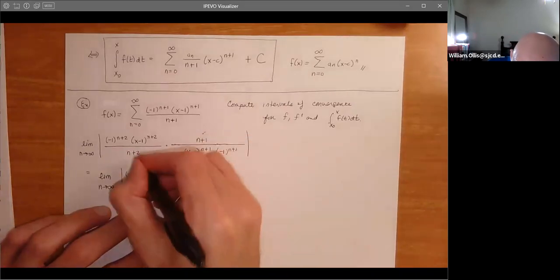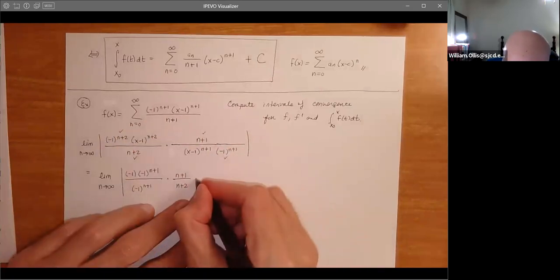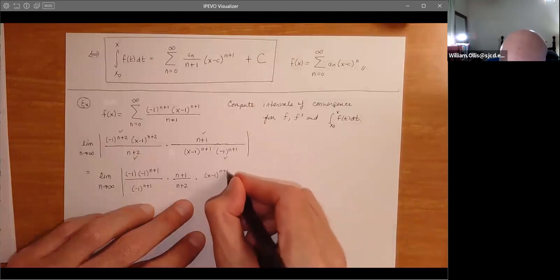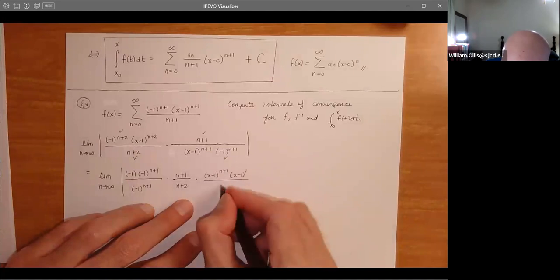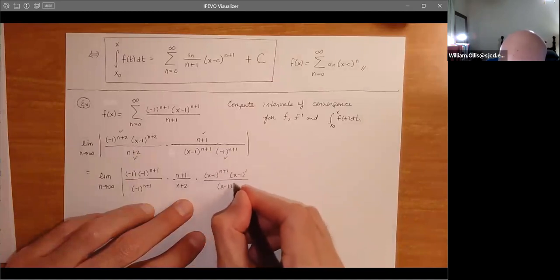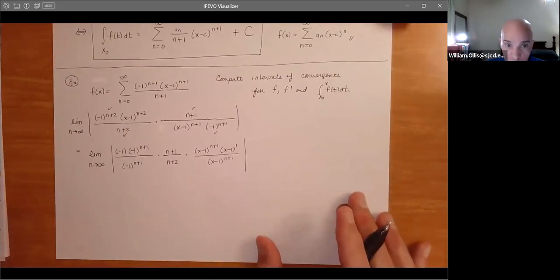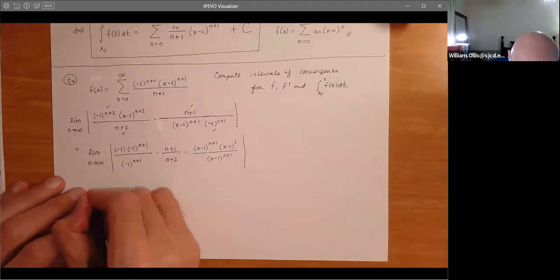So let's check those off. And then we have (x minus 1) to the n plus 1 times (x minus 1) to the first power using the laws of exponents, and then (x minus 1) to the n plus 1. So again, it's like we move back to algebra 1 to do laws of exponents.